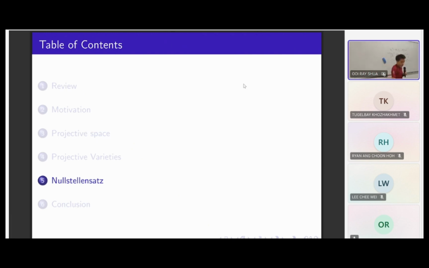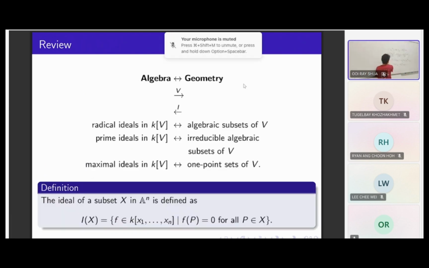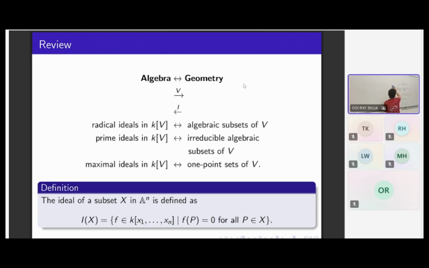So this is what happened last time, the relation between algebra and geometry, with a lot of proofs that Ryan helped us with. So radical ideals correspond to algebraic subsets.